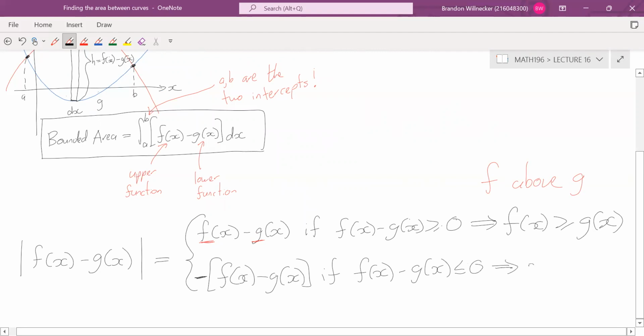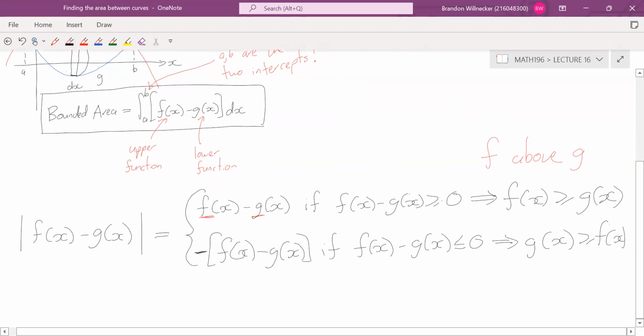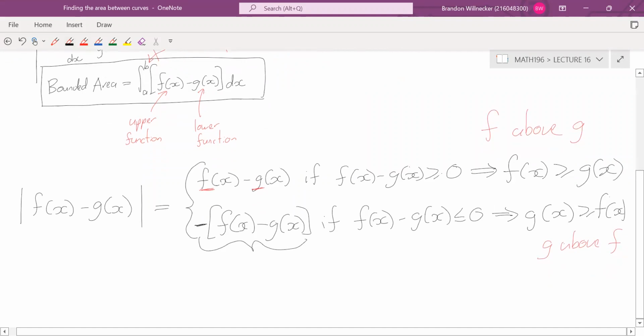But this is the same thing as saying g of x is above f of x. So in this case, g is above f. And in this first part here, we can distribute that minus sign, and we can rearrange this to g of x minus f of x. So now this shows that g is above f.